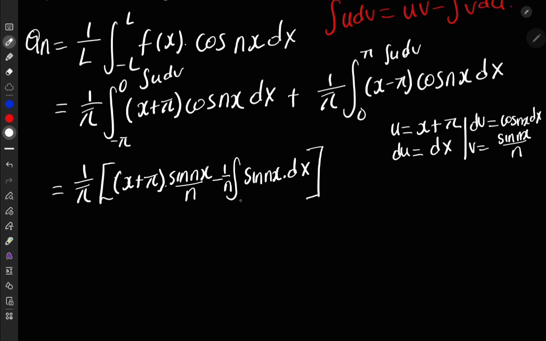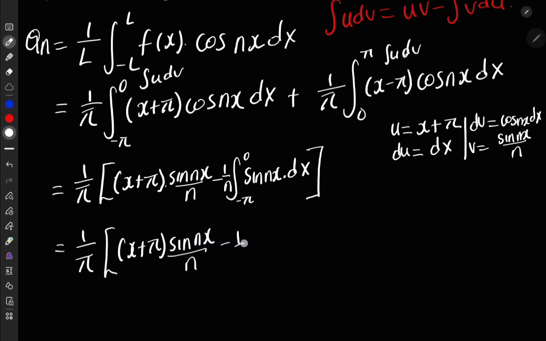It starts from negative pi to 0. 1 over pi into, then you do this part, it's going to be x plus pi sine nx over n minus 1 over n times the integration of sine, which is negative cos nx divided by n, from negative pi to 0.